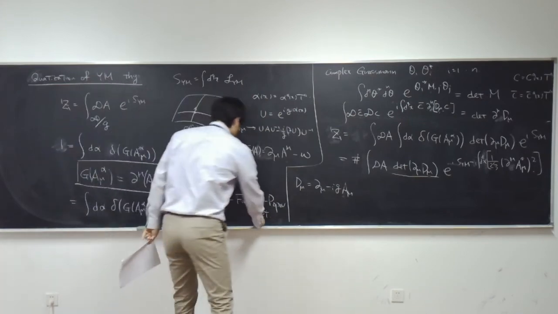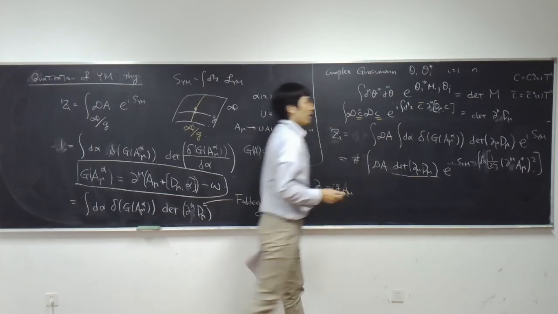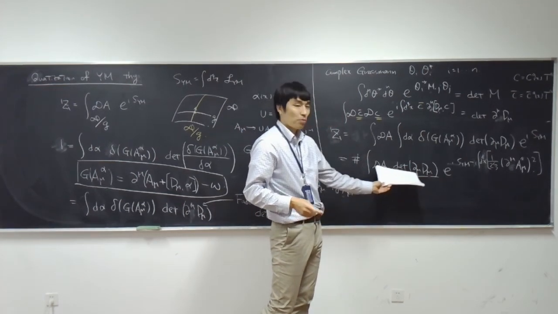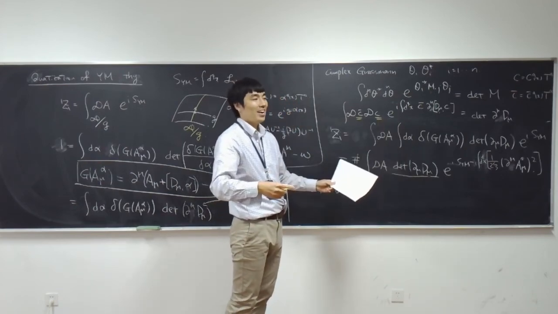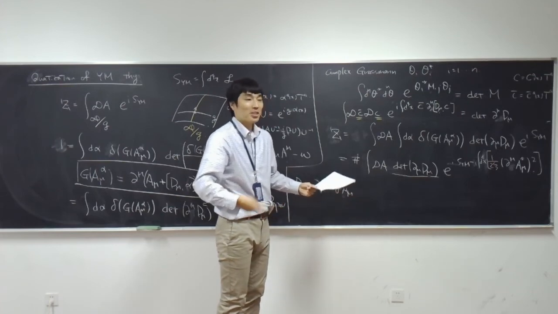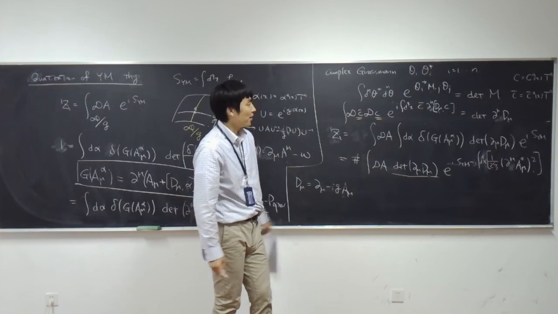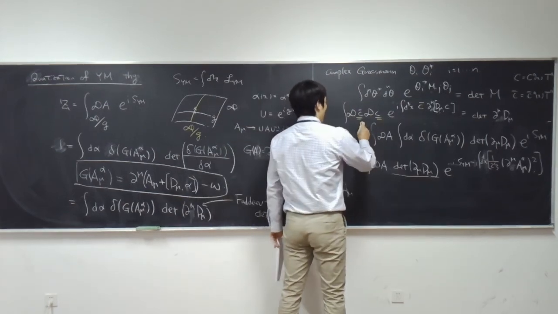And here c and c bar are put in by hand to interpret this Faddeev-Popov determinant in terms of a complex-valued Grassmann field with this action. So therefore, it's put in by hand.